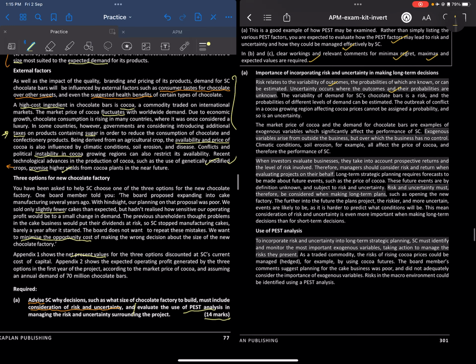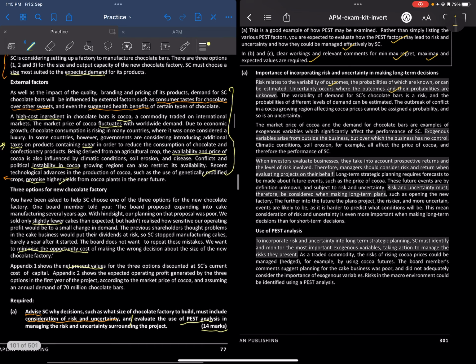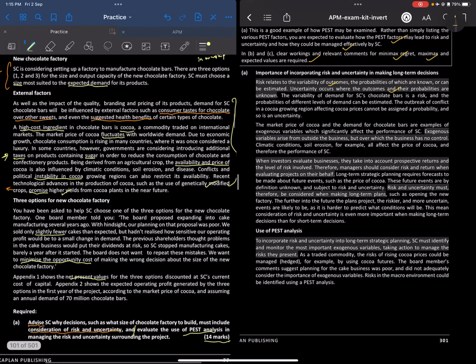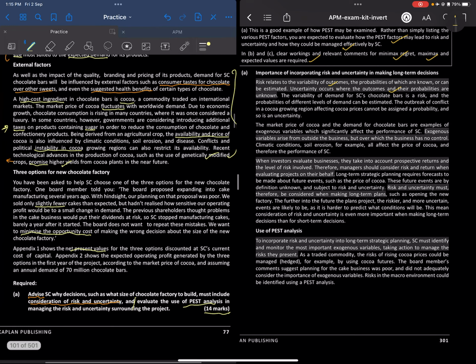The variability of demand for chocolate bars is a risk, and the probabilities of different levels of demand can be estimated. The outbreak of conflict affecting this area is an uncertainty.